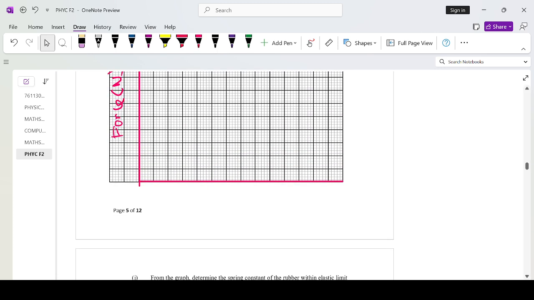So this one, we had labeled this as extension, and its unit was in centimeters.